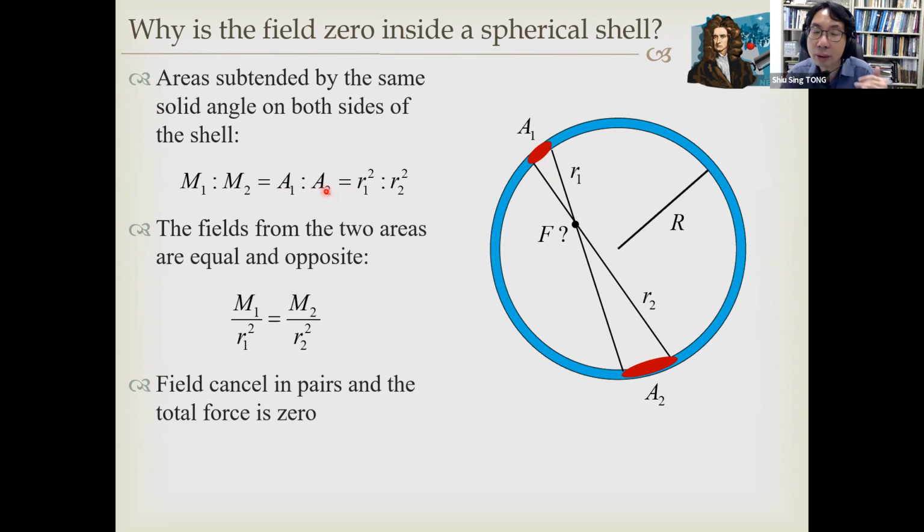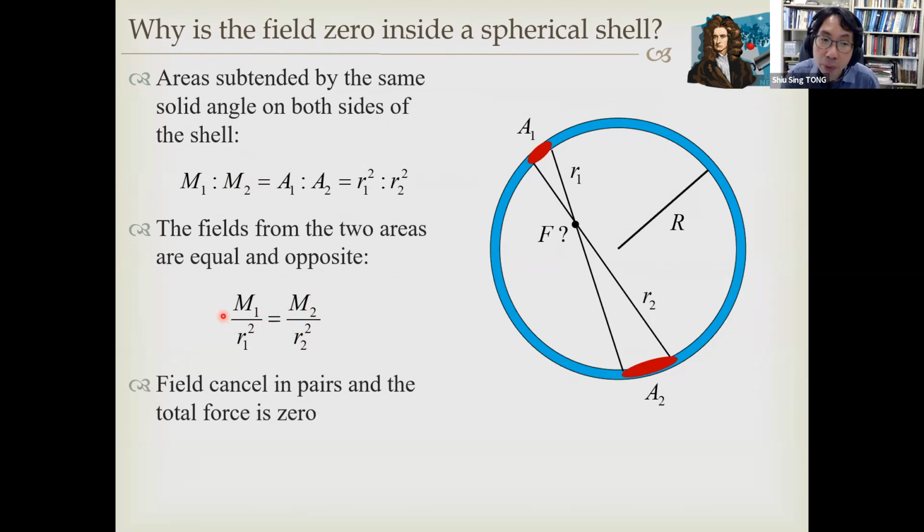So because of these two similar cones, A1 divided by A2 is equal to R1 squared divided by R2 squared. Does it make sense? When we rearrange this formula, we find that M1 over R1 squared is equal to M2 over R2 squared.